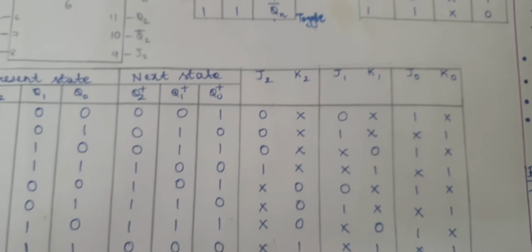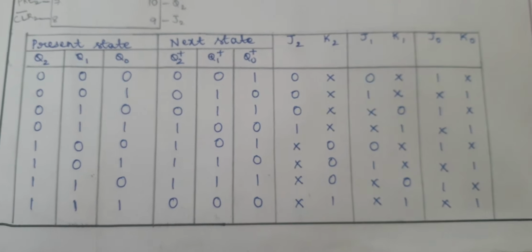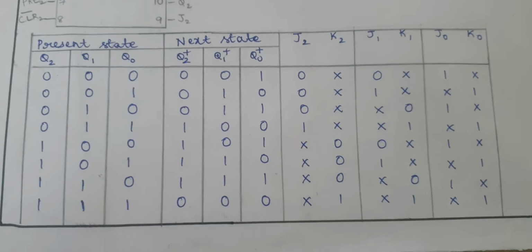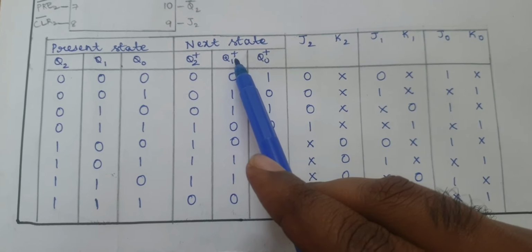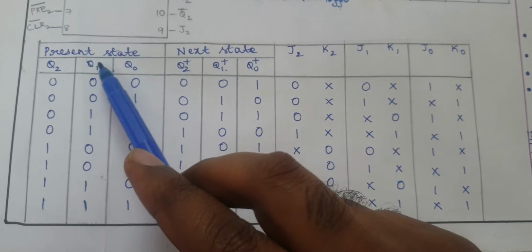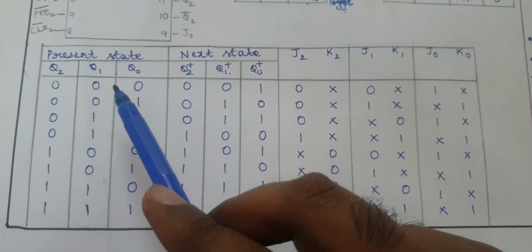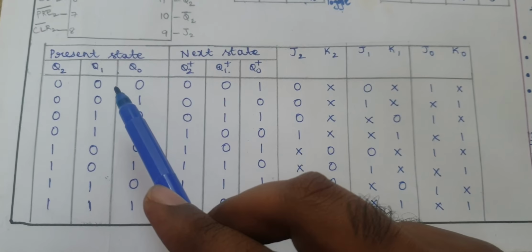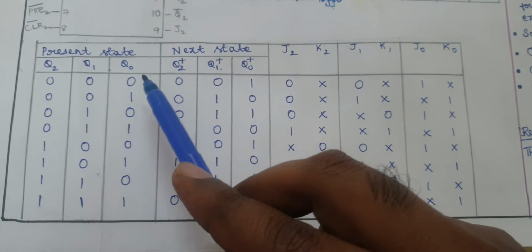So now, using your excitation table, I'll be drawing the state diagram for your flip-flop. Here we have written the present state, next state, and the value of J and K for these present and next states. Since it is a mod 8 counter, the flip-flops will be able to count the numbers from 0 to 7.